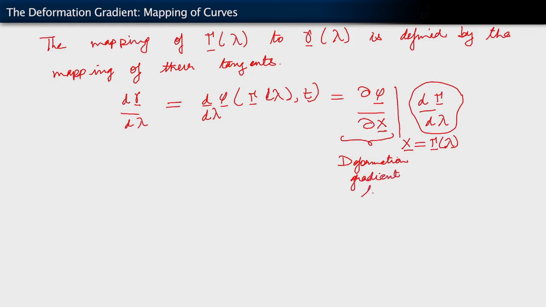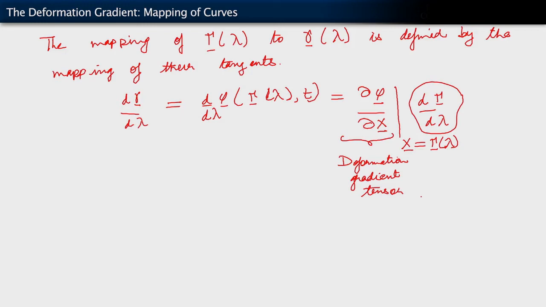It's a tensor. The origins of that name should be pretty clear, right? We think of phi as the motion or the deformation in general, and its derivative with respect to the reference position is by definition the deformation gradient.